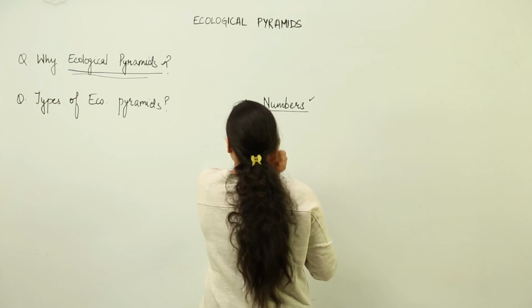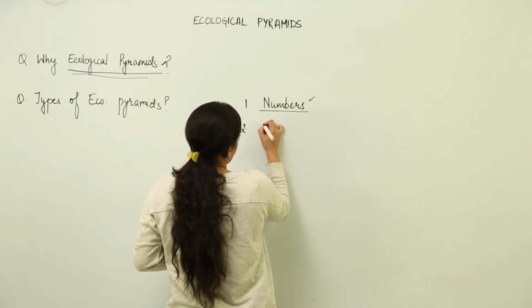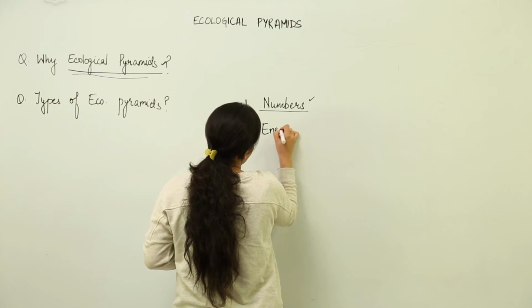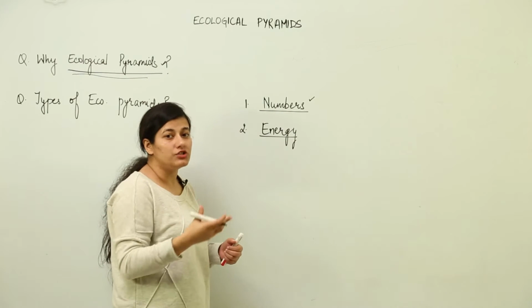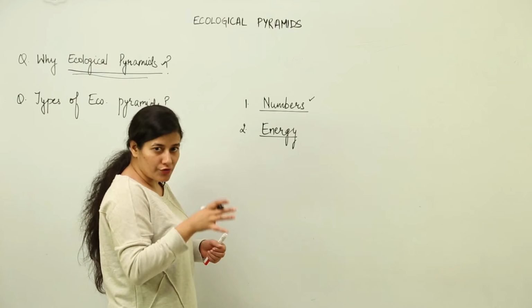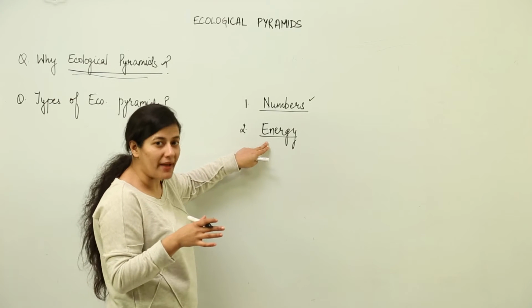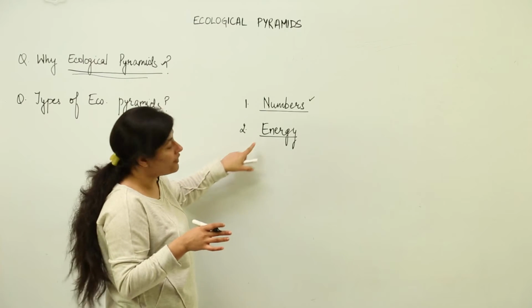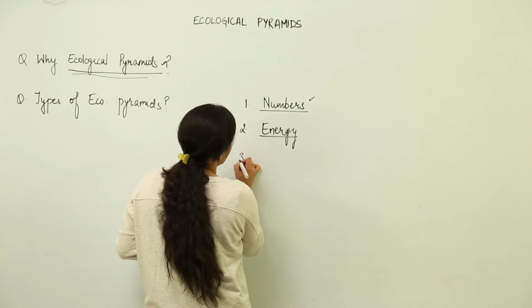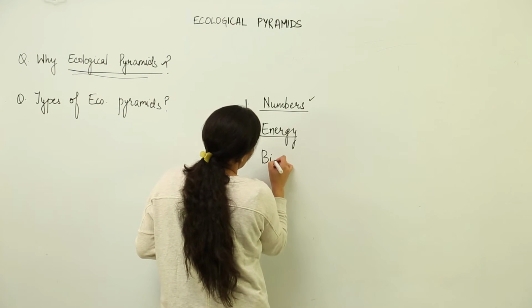First one being the numbers. Second is energy. If I am talking about how much energy is being produced in each trophic level, a comparative account would be represented in the form of an ecological pyramid of energy. And the third one is the pyramid of biomass.